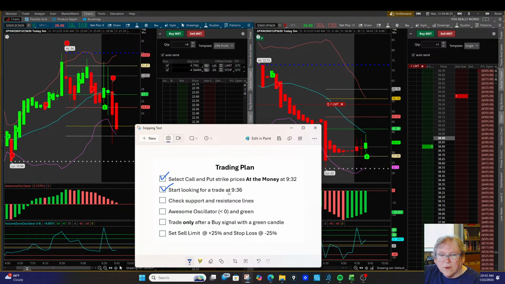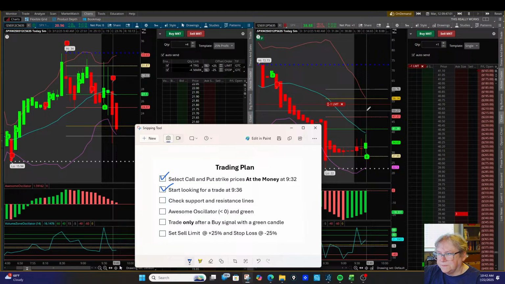Start looking for a trade at 9:36. This happened at 9:40. So that's a check. The awesome oscillator, less than 0 and green.